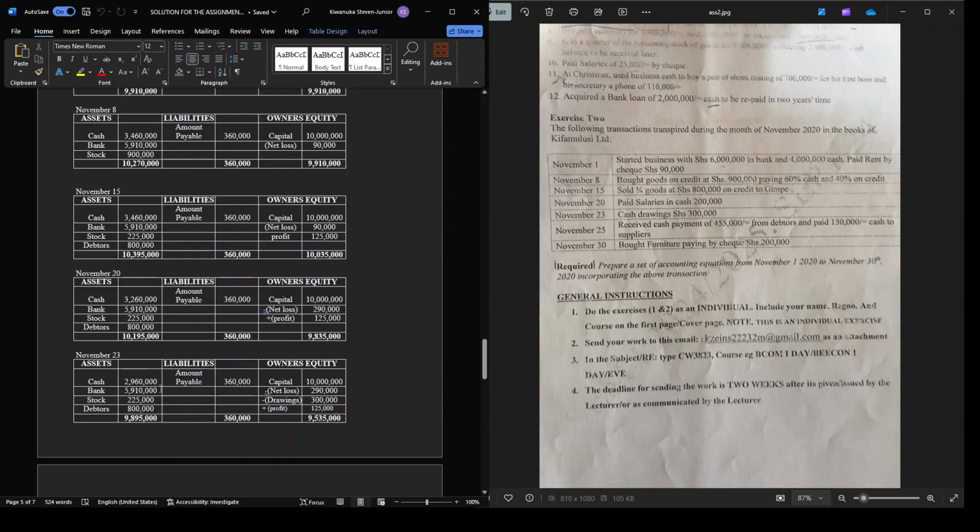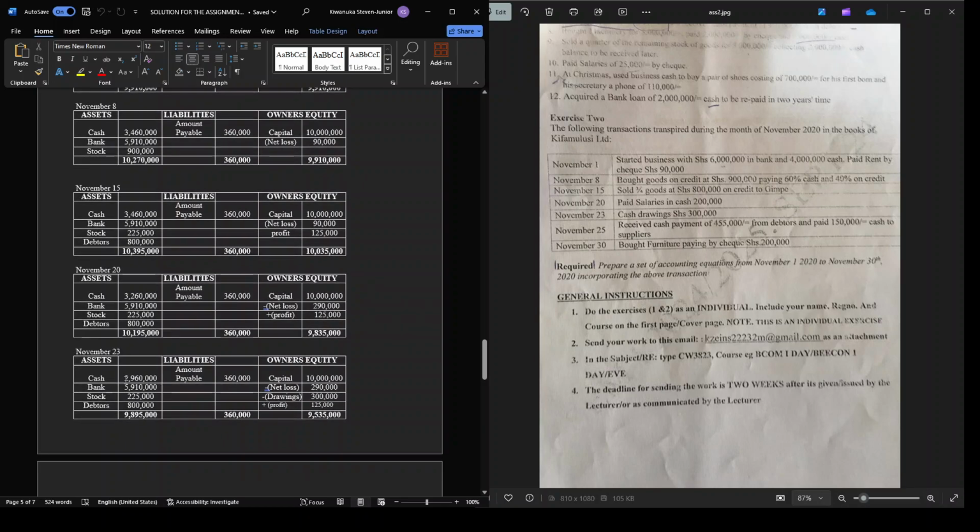Cash, the cash is here. When you make drawings, your cash will reduce, the bank will remain unchanged, this and this will remain unchanged, but the drawings will affect our cash.